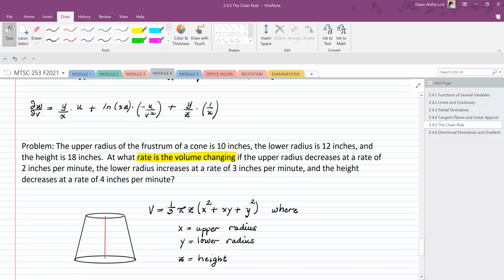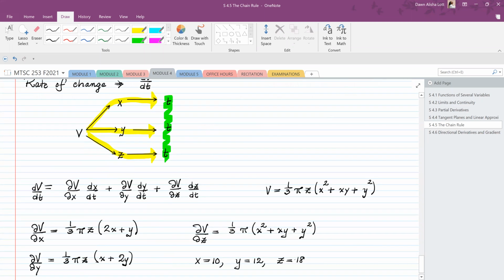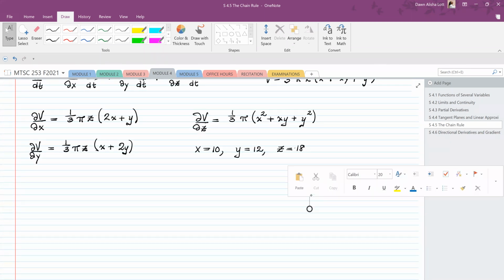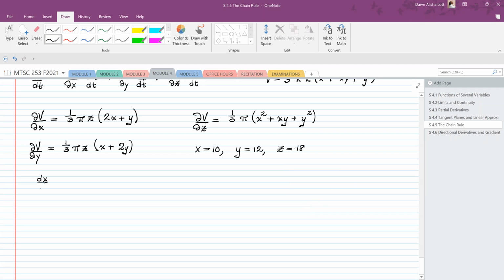They gave you x. They tell you how x is changing. So what is that? dx/dt. Good. And it's decreasing at a rate of 2 inches per minute.